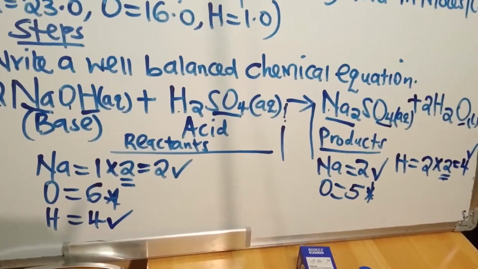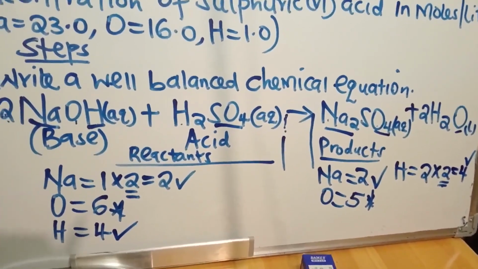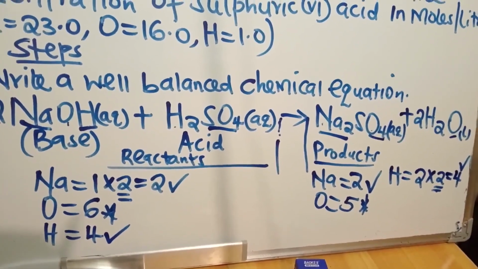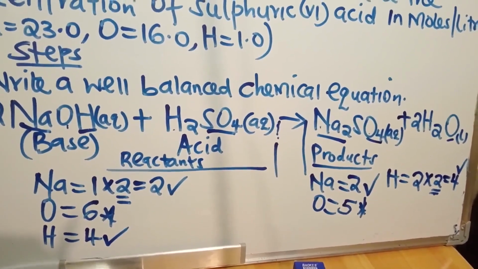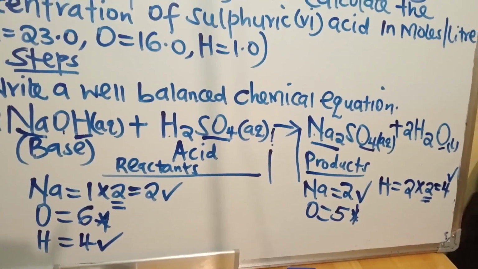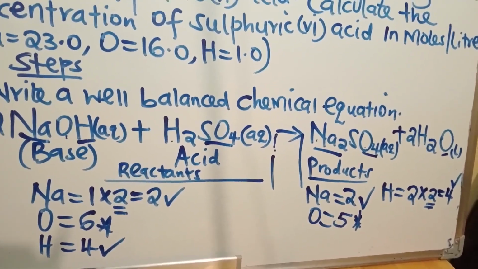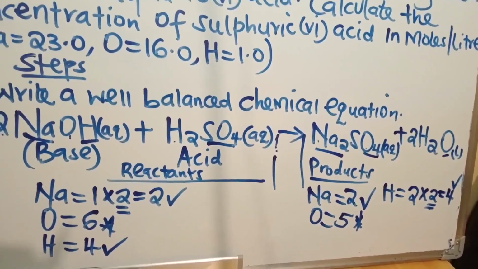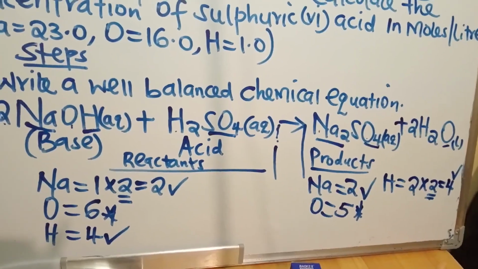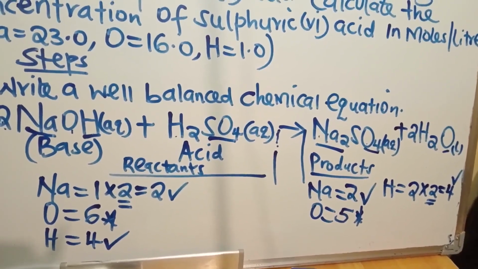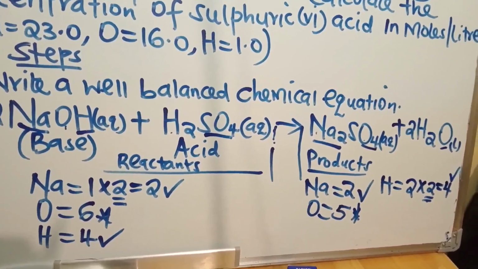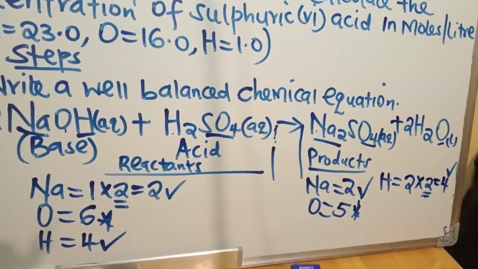Now we are remaining with oxygen. In our previous equation I said the element that appears stubborn in its balancing, or looks difficult in its balancing, once you put a star on it, by the time you are balancing the rest of the elements, you should then check again to see if that very element has been balanced in the process.